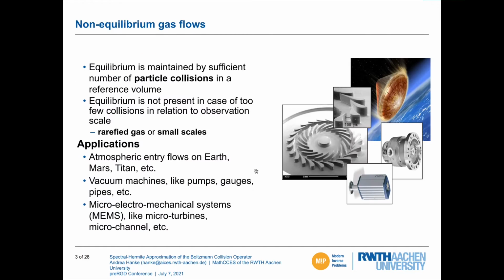What are non-equilibrium gas flows? Equilibrium in a gas is maintained by a sufficient number of particle collisions within a reference volume. The equilibrium is not present in case of too few collisions in relation to the observation scale. This can happen either when you are dealing with rarefied gases or when you're dealing with very small scales.